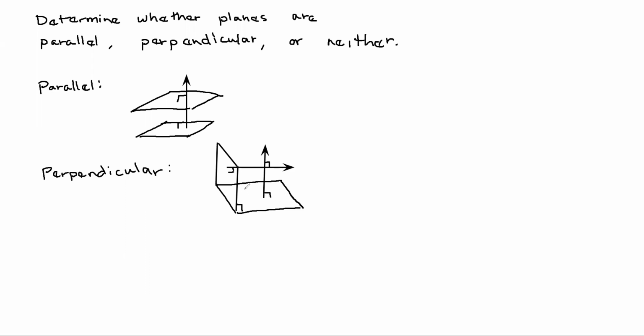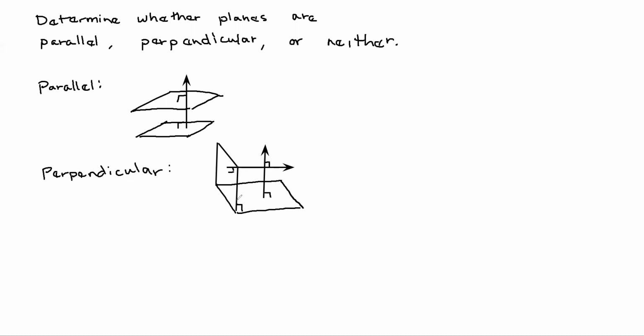The way that you could prove that to yourself is that if you took this normal vector and shifted it downward, it's going to land on the other plane, right? And since this vector shifted downward landed on the other plane, the normal vector to that plane has to be at a 90-degree angle to any vector that's on the plane.